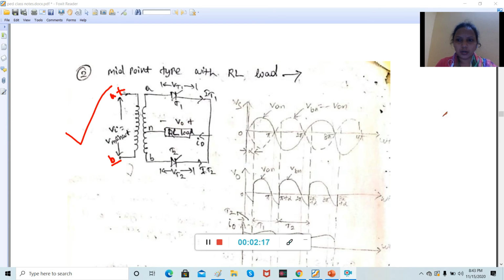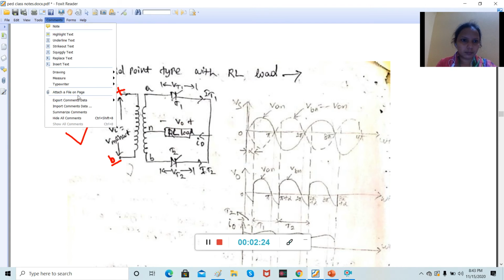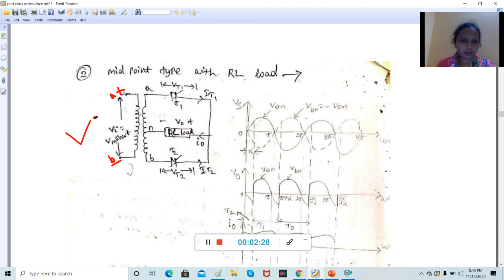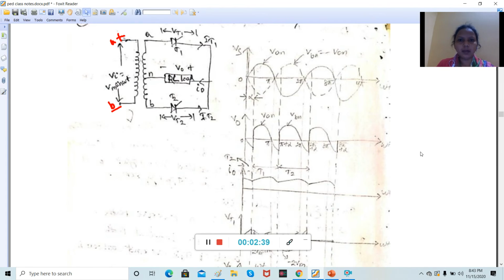So we will see what happens in the fully controlled midpoint type rectifier.